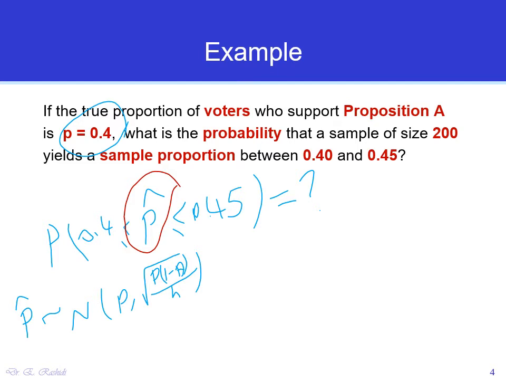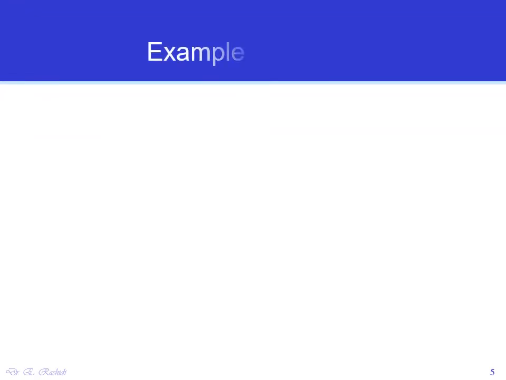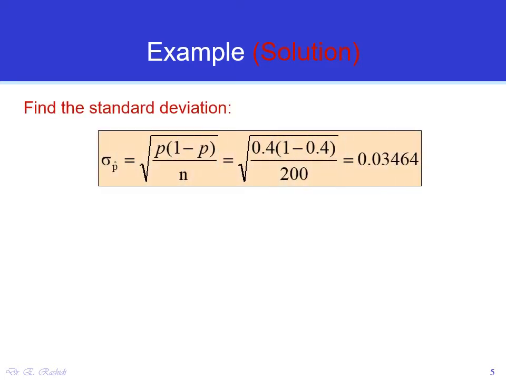Now we can find the probability because we know that P hat follows a normal distribution. So we can convert it to a Z distribution and find the probability. First find the standard deviation of P hat. The standard deviation is the square root of P multiplied by 1 minus P over N, which is 0.4 multiplied by 1 minus 0.4 over 200, which is about 3%.